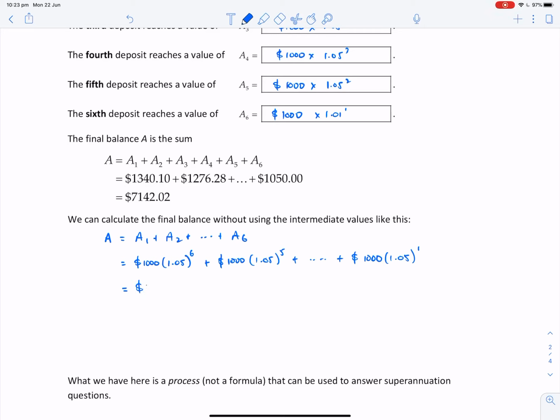We can factor out the $1,000 and just reverse the powers there, which makes it look like a better geometric series, and that is a geometric series.